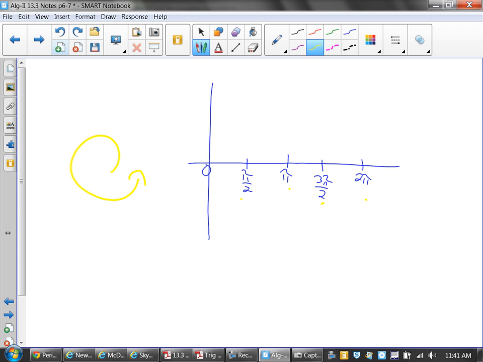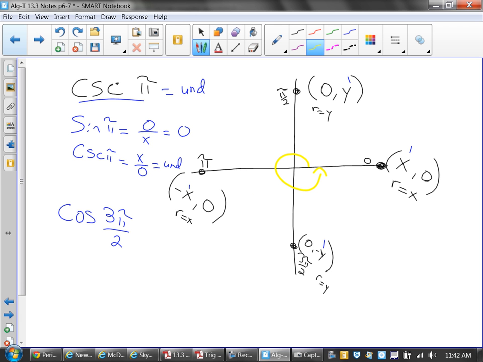When I'm starting at my cosine value, if I start at the cosine of 0, what's the x coordinate? What's the cosine of 0? 1, because x is 1. Cosine of 0, take a look what that means. That's x over r.